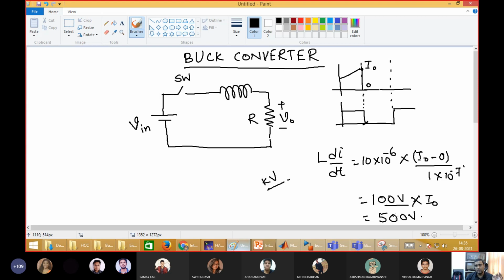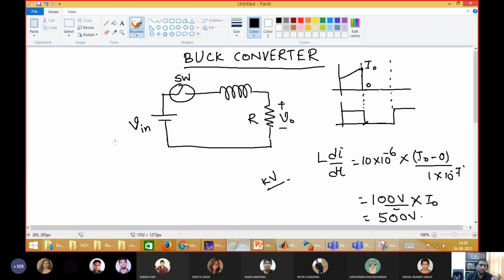This voltage will be sufficient to destroy or damage the switch, because the entire voltage will appear across the switch. So if you try to open that switch immediately, it will be destroyed. A practical consequence of this: if you haven't seen it, go and watch videos where they try to open circuit breakers or isolators in a power system. We see arc flashes.